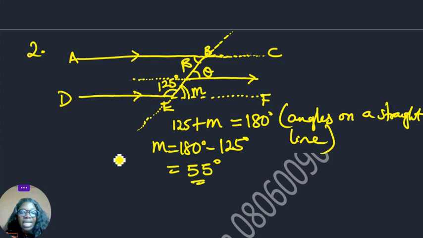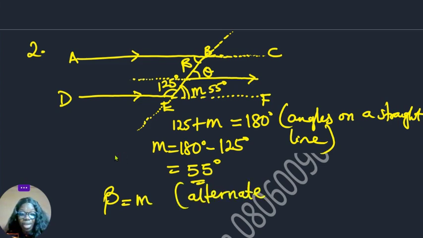All right. Since I have 55 degrees right here, what will be the value of beta? Now, look at beta. I'm already having my M as 55 degrees, which means beta is equal to M. Why is beta equal to M? It is because they are alternate angles.